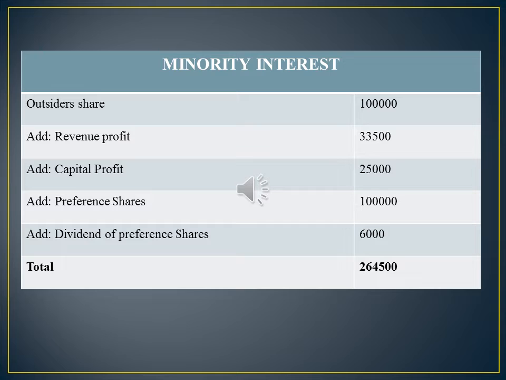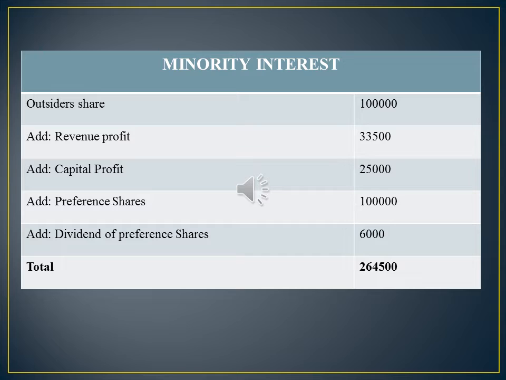Outsider share is 1 lakh rupees, which means 4 lakhs into 1 by 4, and you should add the revenue profit portion and capital profit portion of the subsidiary. In this question you have preference shares, so you should add the amount of preference shares, 1 lakh, to minority interest, because in the balance sheet it is not taken over by the holding company, so it belongs to minority.